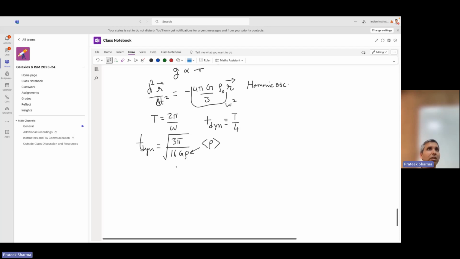Like Kepler's laws, the time period is only a function of the semi-major axis, which is nothing but a function of energy. It does not depend on angular momentum. So for a point mass object, the time period of the orbit does not depend on the angular momentum. In the same way, this is also true for this homogeneous sphere.